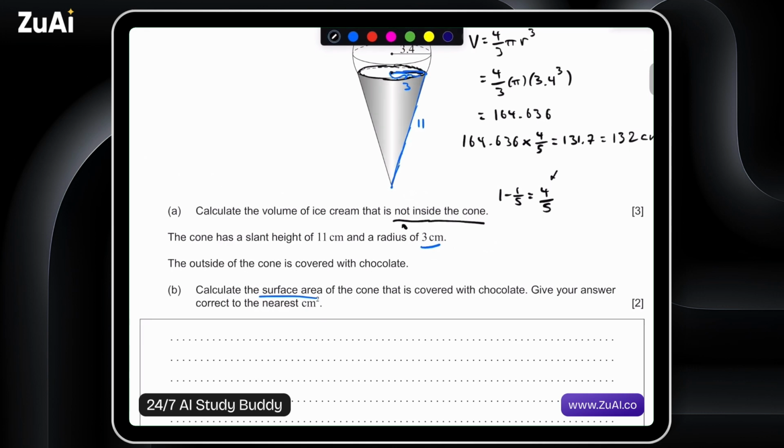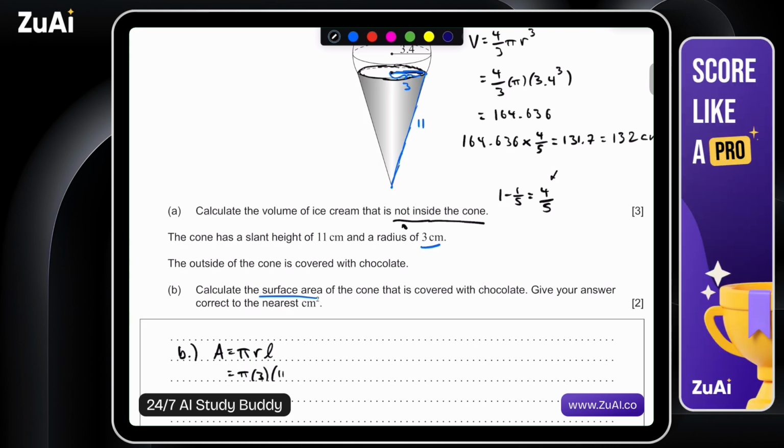So the surface area, this is part B, is given by pi times the radius times the slant height. Pi remains pi, the radius at the base is 3, and the slant height is 11. I'm just going to work this out on the calculator beside me.